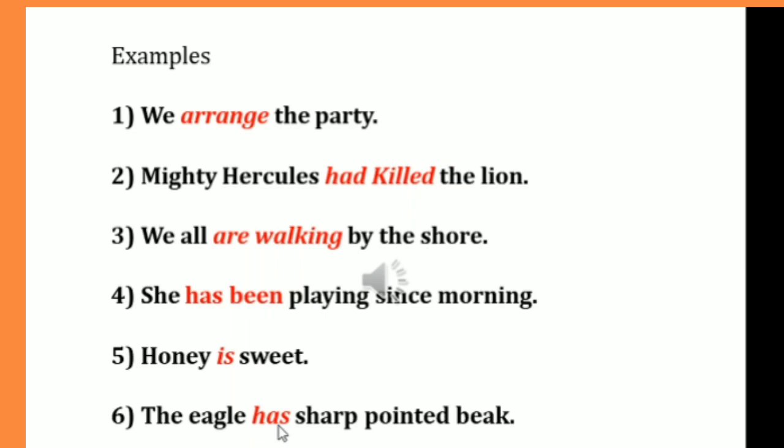Why? Because they are enough to complete the meaning of that sentence. So just take down all these sentences in your notebook as I have given them here. You need to underline the verb form and write V below the underline. Okay.